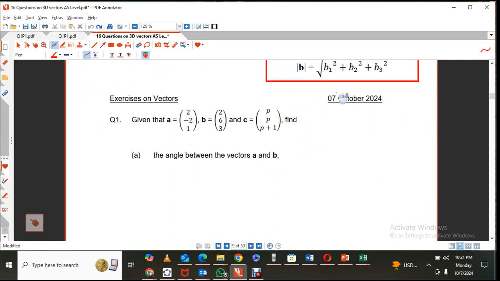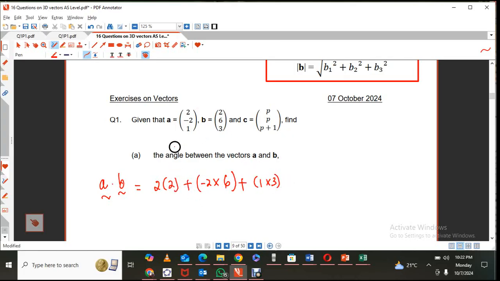So we're going to find the dot product, A dot B, to see what we get. It's the dot product of vectors A and B, so it's 2 times 2, plus negative 2 times the 6 over here, plus 1 times 3.